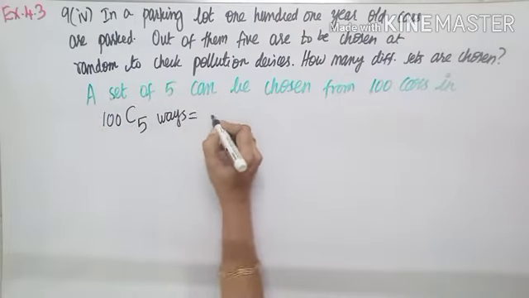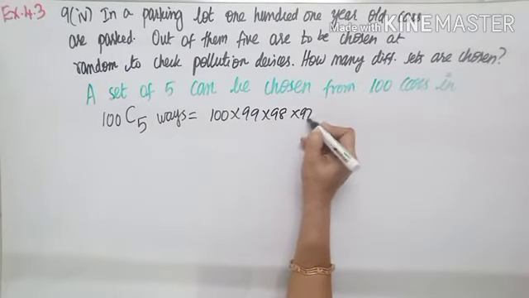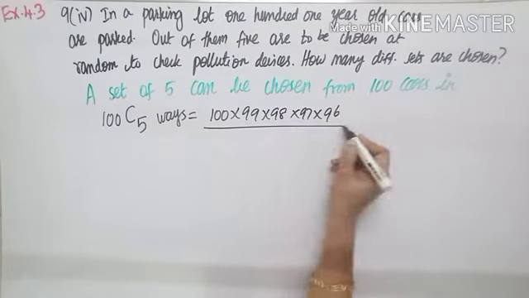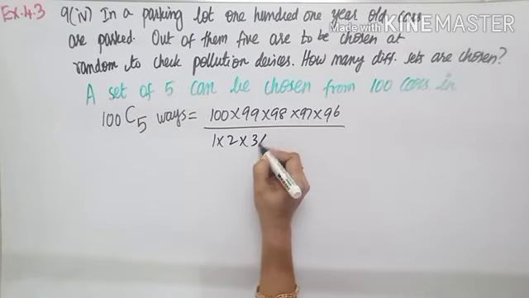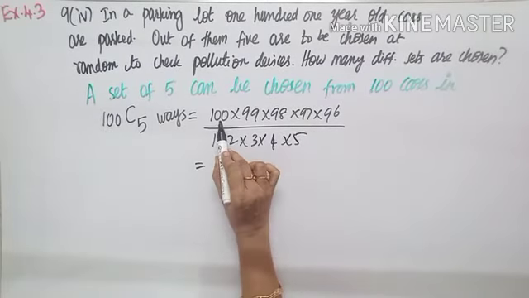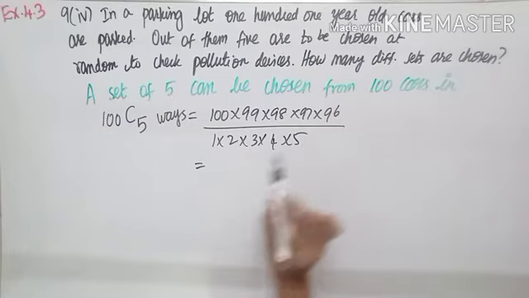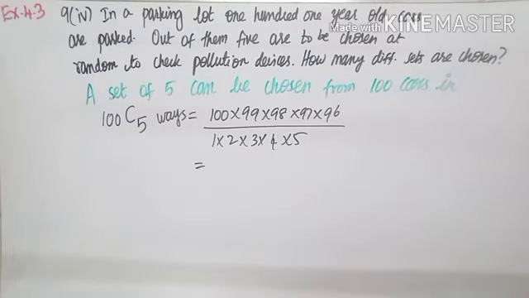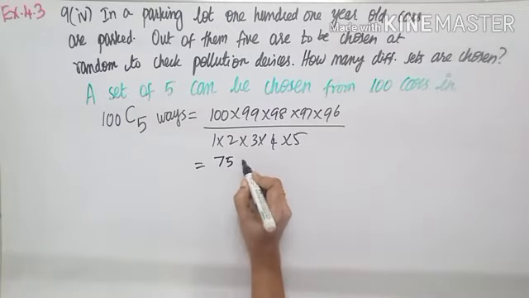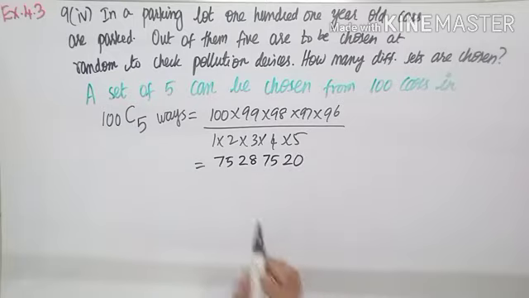How to calculate 100C5? 100, 99, 98, 97, 96 divided by 1, 2, 3, 4, 5. As we simplify, we get 75,287,520, and this many sets are possible.